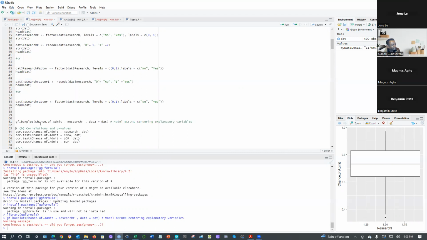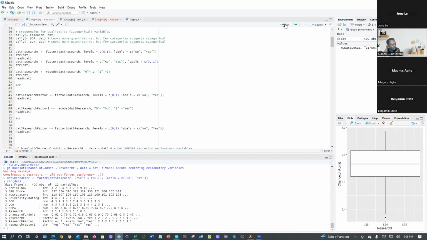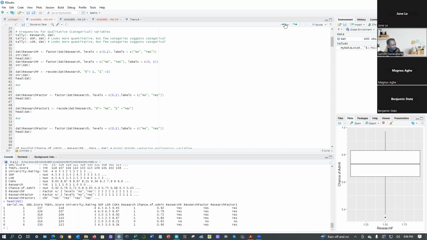I'm looking for chance of admit. Research, why they not separate this one? Research is 0 and 1, 0 and 1, or this one. Research factor, research F factor. Two labels, no and yes. Okay, either way.